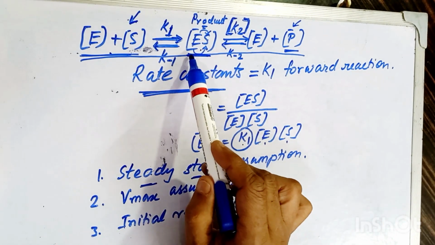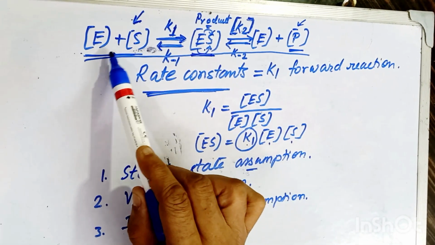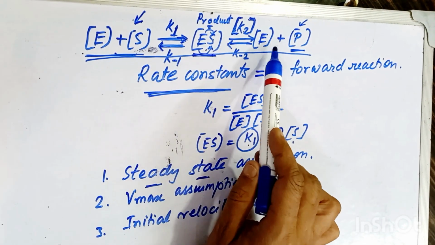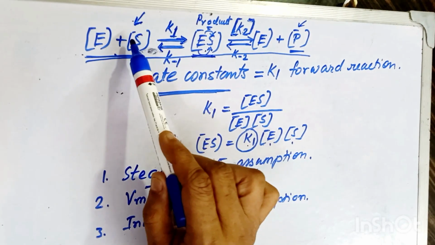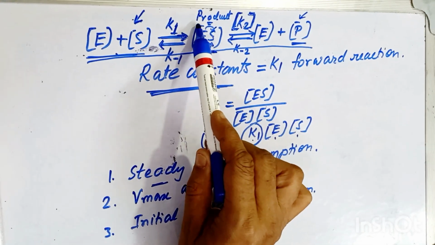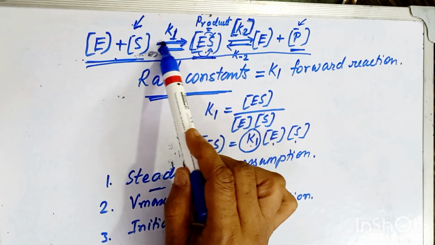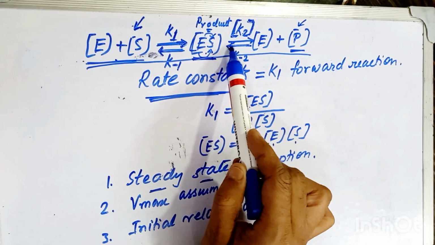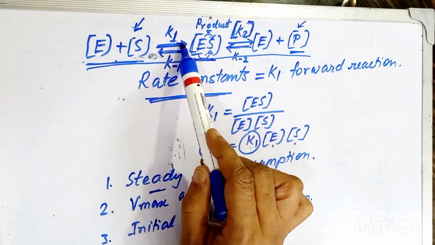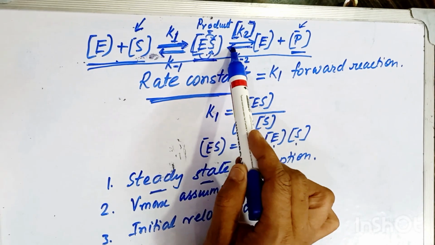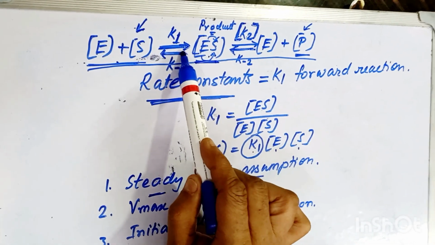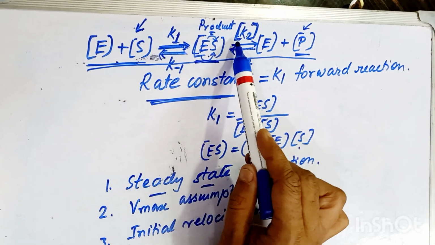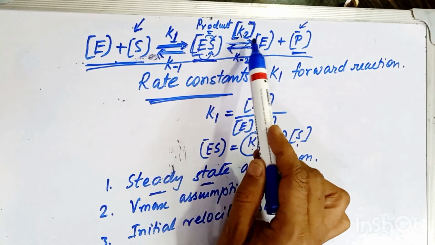In a steady state way means, if this is the first reaction and this is the backward reaction, at steady state, the rate of formation of ES by these two reactions, this forward reaction and this backward reaction, and the rate of breakdown of ES, this backward reaction and this forward reaction by which ES is breaking down.